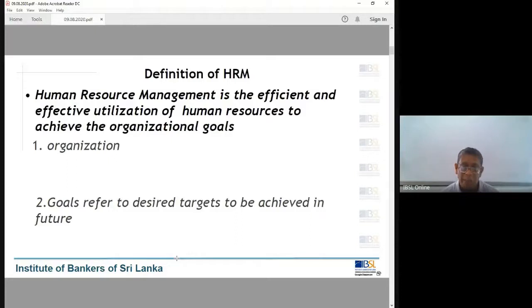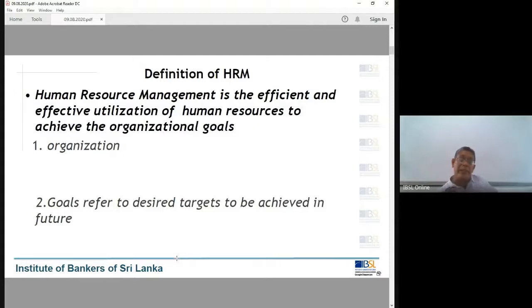Human resource management is the efficient and effective utilization of human resources to achieve organizational goals. Please underline the words efficient and effective, human resources, and organization and goals.